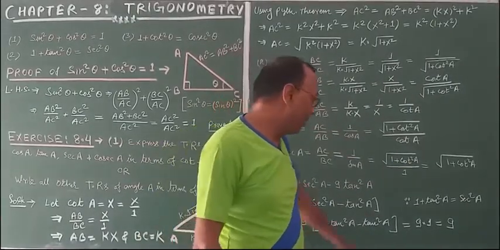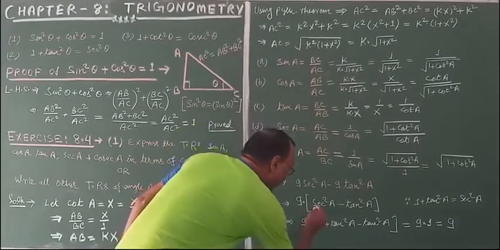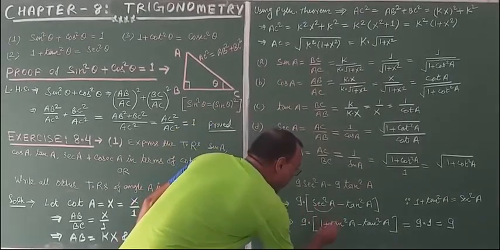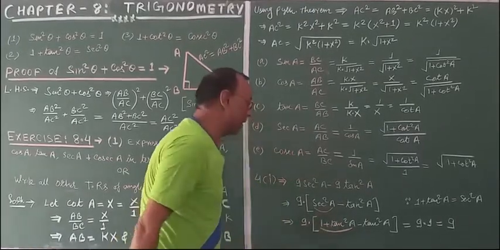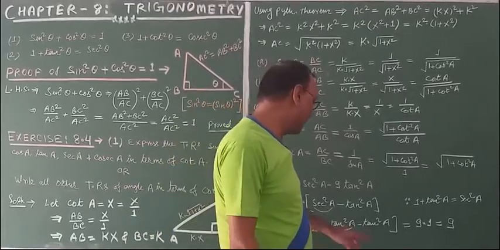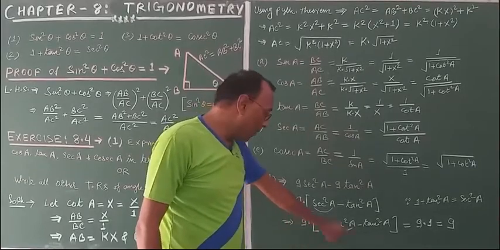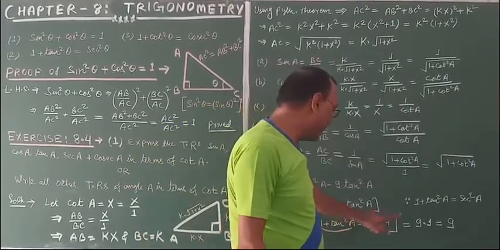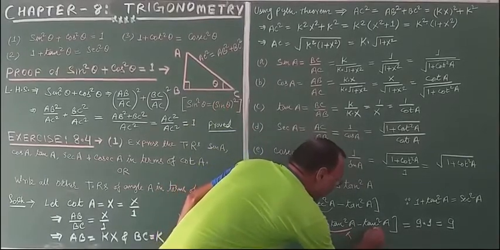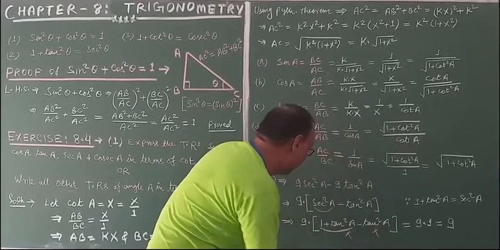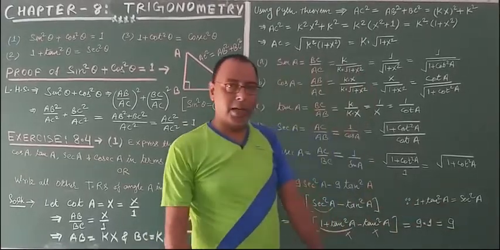So 1 plus tan square A is equal to sec square A. This sec square A will be replaced by 1 plus tan square A. So what will happen? 9 into, inside the bracket, 1 plus tan square A minus tan square A. This tan square A and this tan square A will be cancelled out and simply you will get 1 inside the bracket, which is 9 into 1, that is 9.